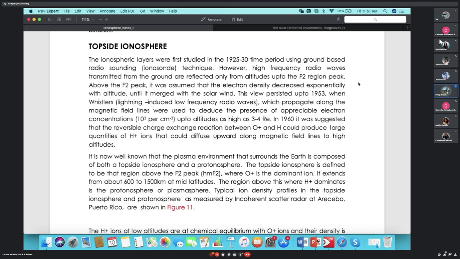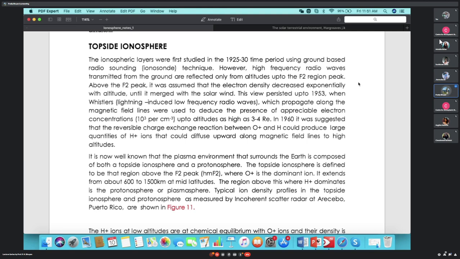So that is the top side. Now this top side was also measured by some ionosondes. How? Inverted ionosondes. You have an ionosonde at ground, so it will probe the ionosphere up to the F2 peak from the bottom side.